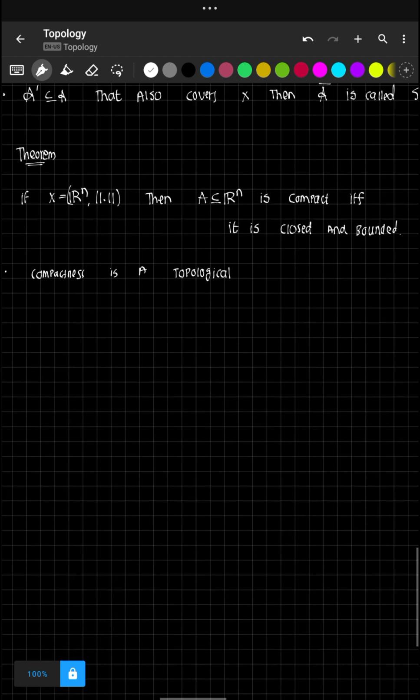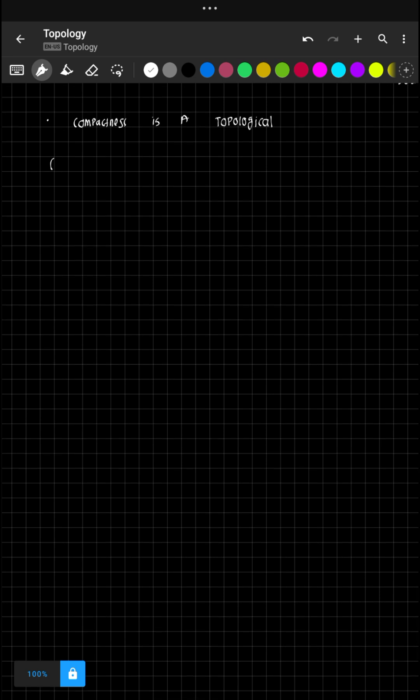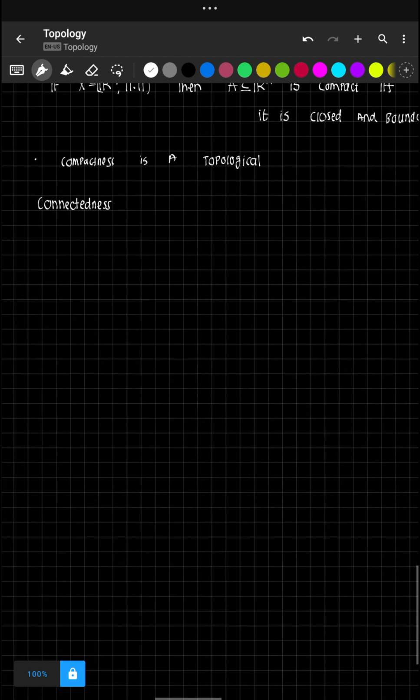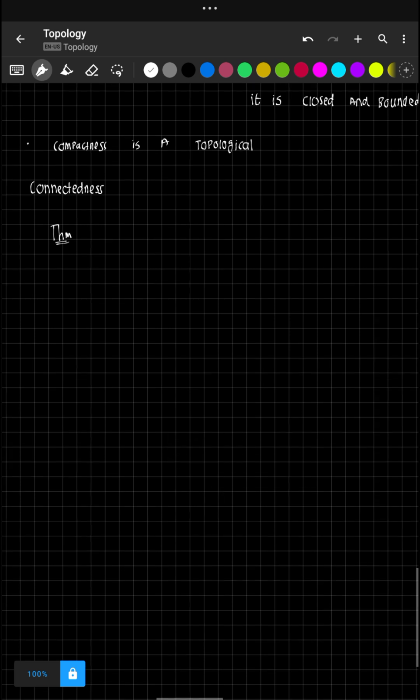If we are done with compactness, now we will go into connectedness. What is the motivation to study connectedness? As we studied the boundedness theorem, there is a similar theorem in analysis, a much more important theorem indeed, and that is called the intermediate value theorem.